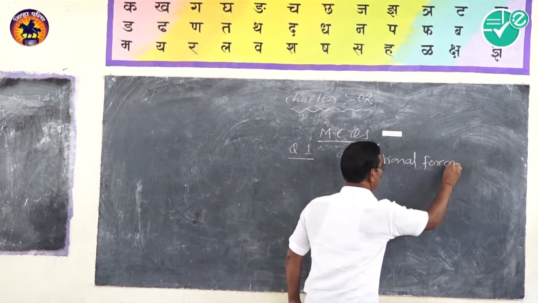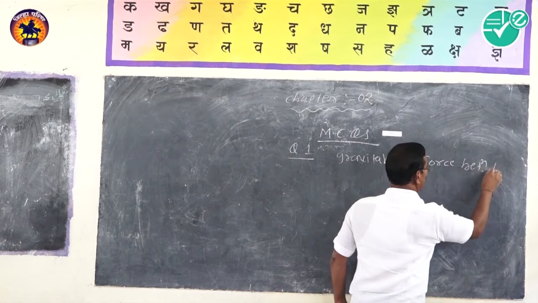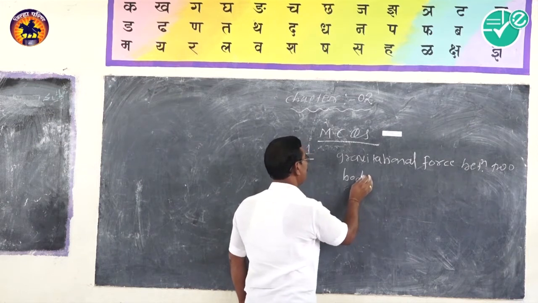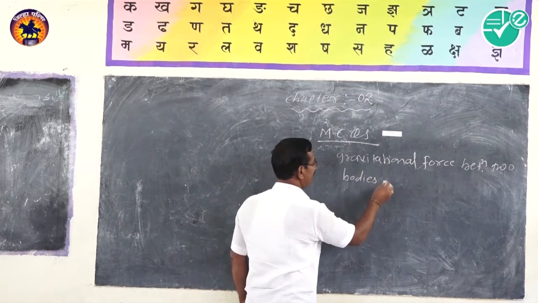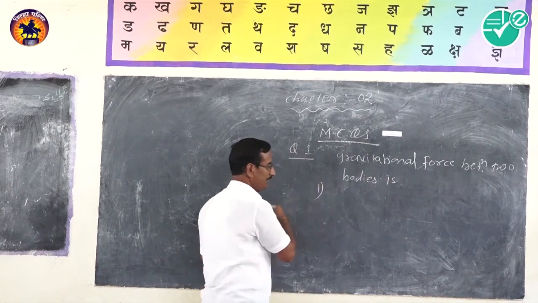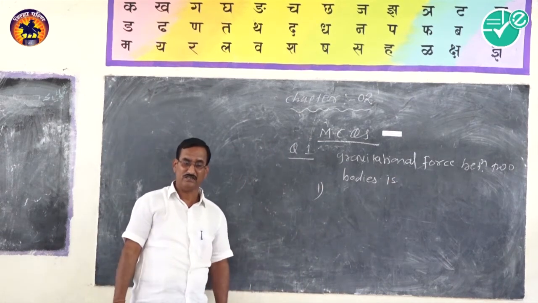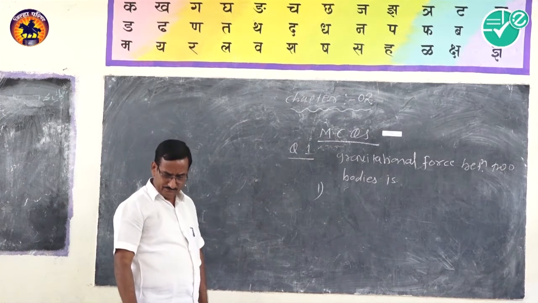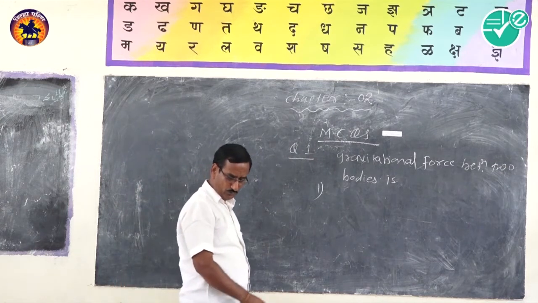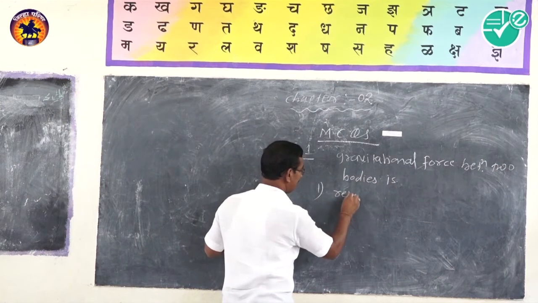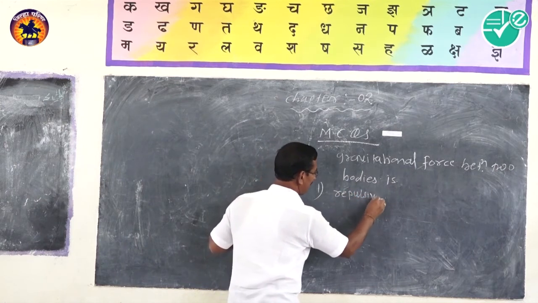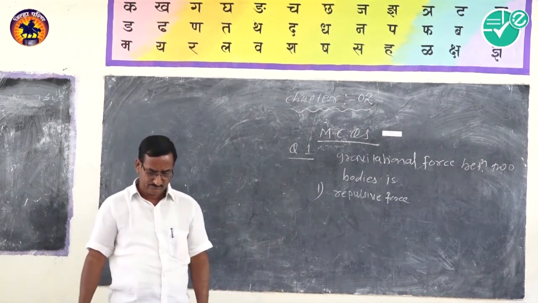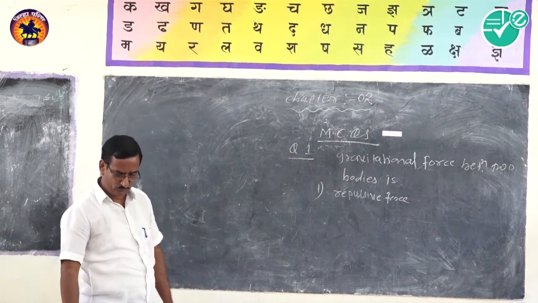Gravitational force between two bodies is, then the alternatives asked in that question are: first, this gravitational force is a repulsive force.